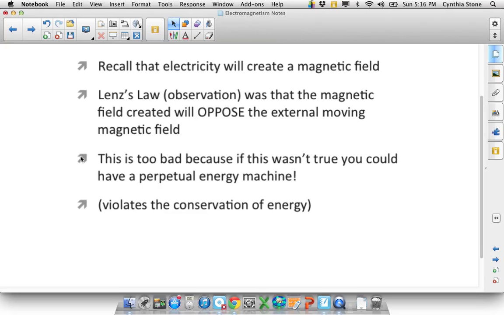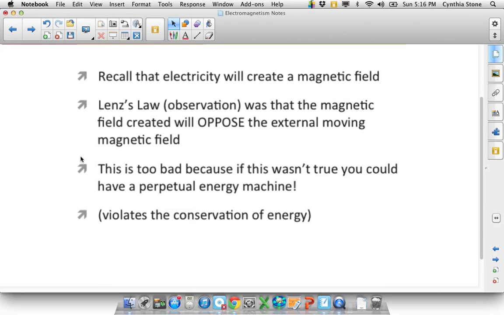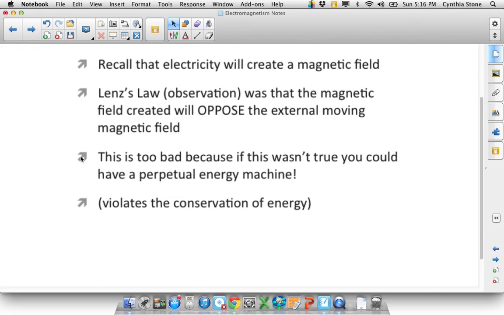Now, this is hard to get, but Lenz's law tells us that there's a catch. Because electricity will create a magnetic field, let's use a windmill just because it's easy. You spin the turbine, you generate your electricity. Well, the electricity in that coil that's being created will create its own magnetic field, right?